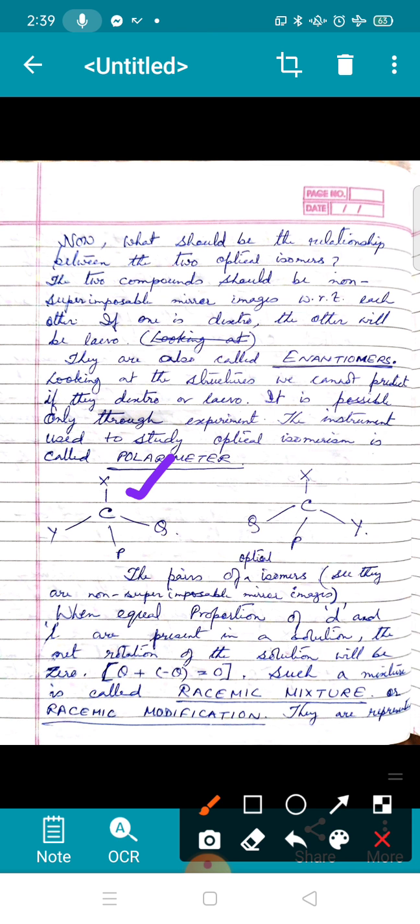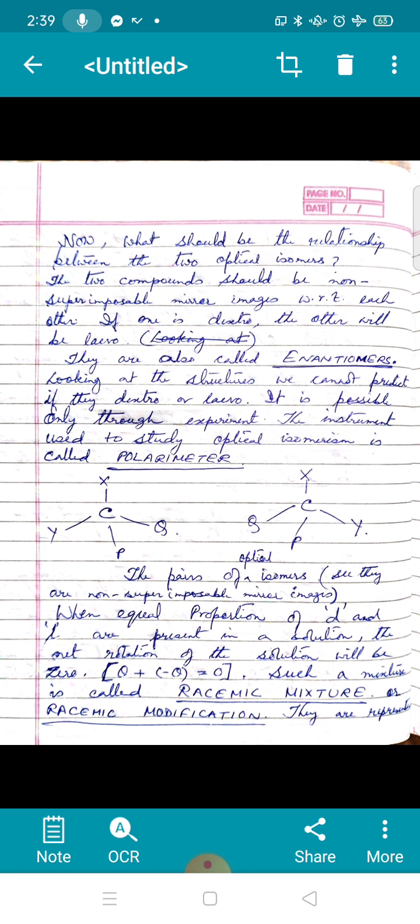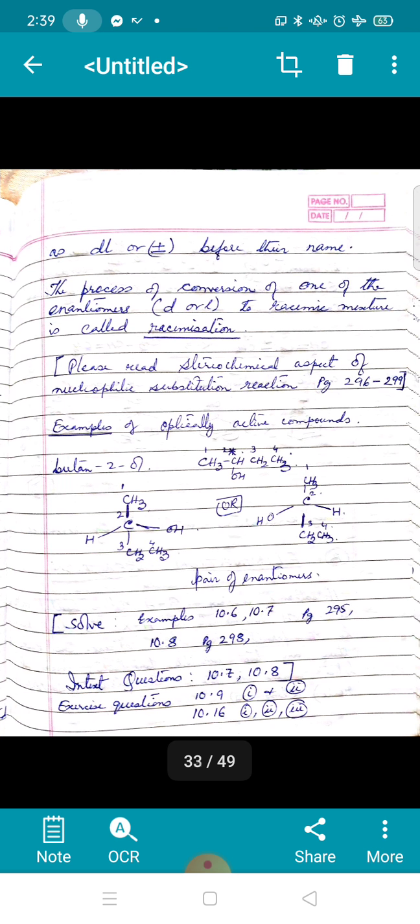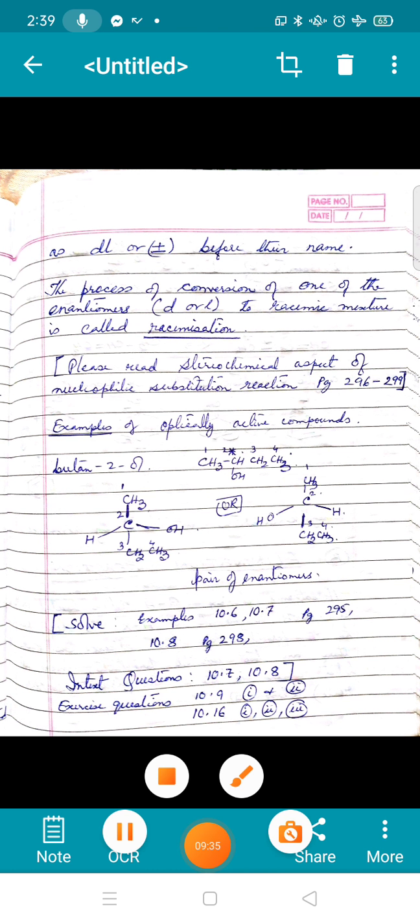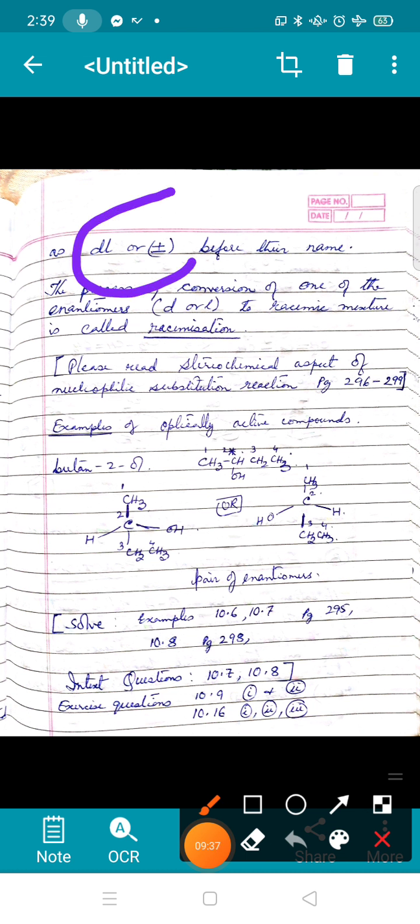All this you will find in your textbook, and the enantiomers are also written by these symbols, dl or plus minus. The process of conversion of one of the enantiomers to a racemic mixture is called racemization.